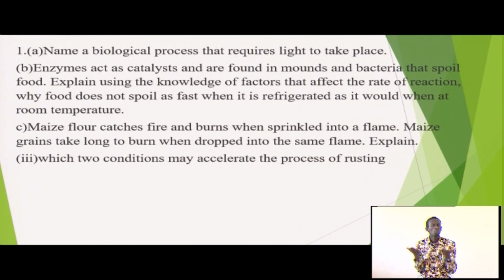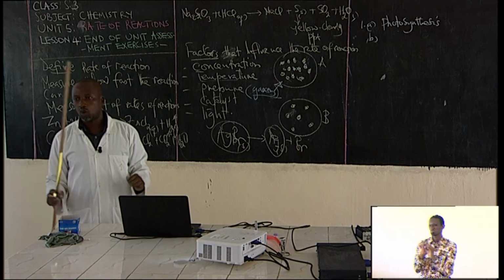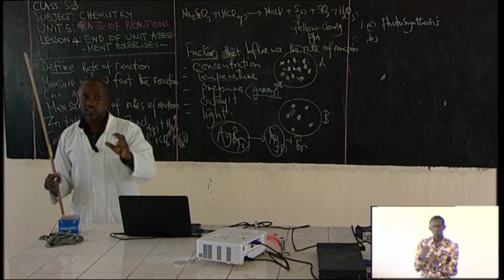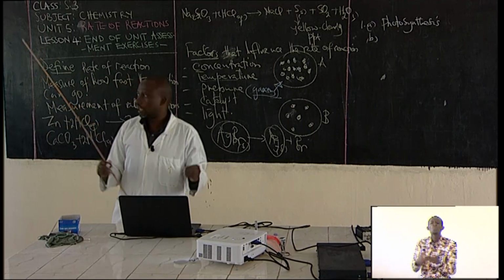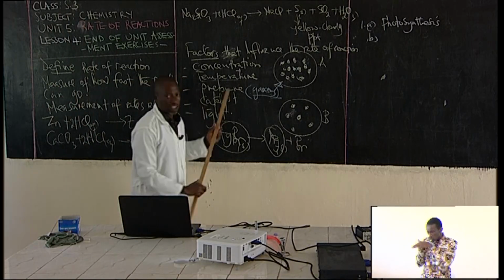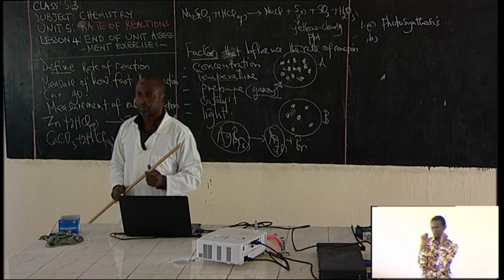So putting the food in the fridge, the food takes much longer to get destroyed than leaving it in the open space. Why? Whatever you put in the fridge, that means lower temperatures, so we come back to the effect of temperature.